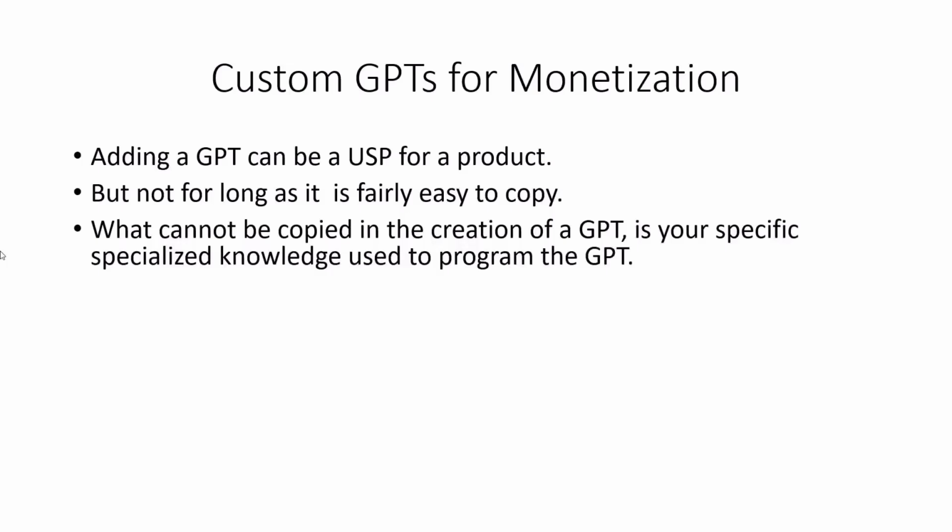What can somebody who's coming behind me not copy? Well, they can't copy any specialized knowledge I have. So when I program a GPT, I'm going to be creating something that depends on something I know, something I've learned that other people may not have learned. If you're using common knowledge and common ways of approaching things, anybody can do that.